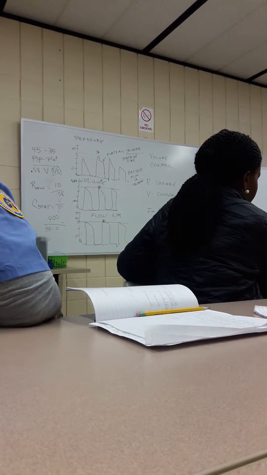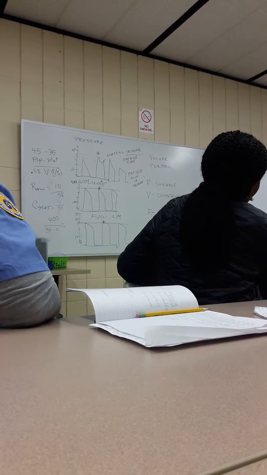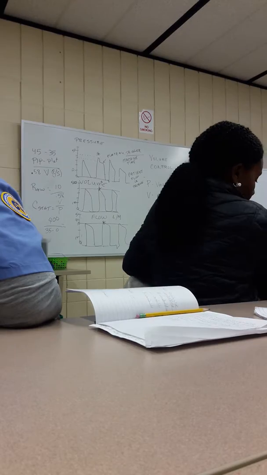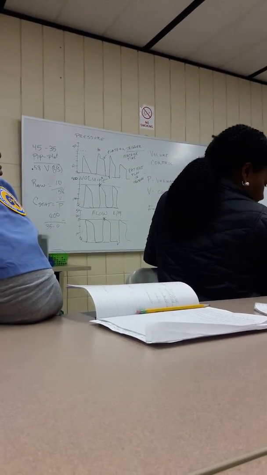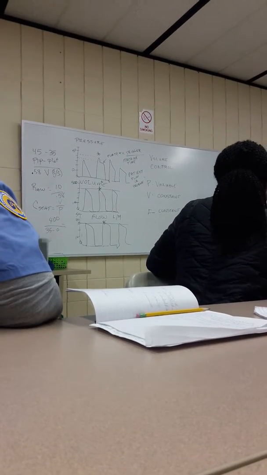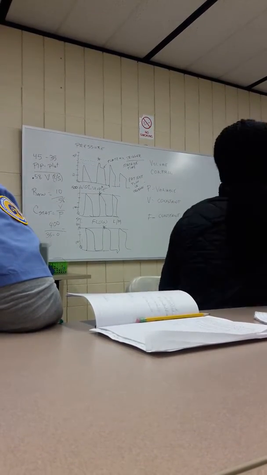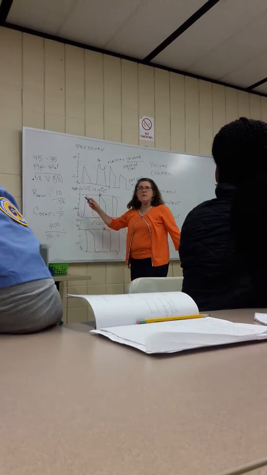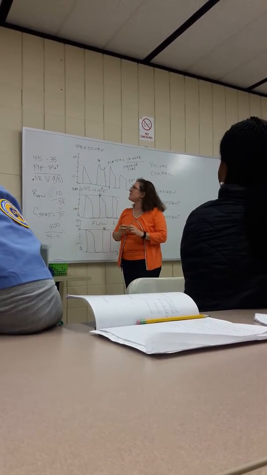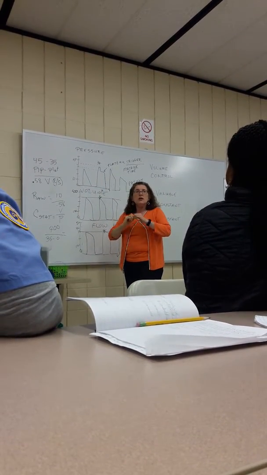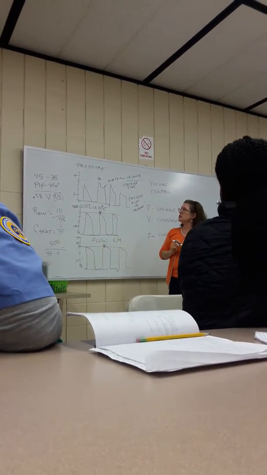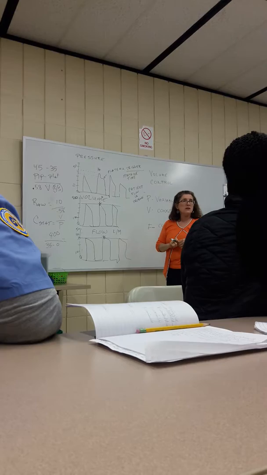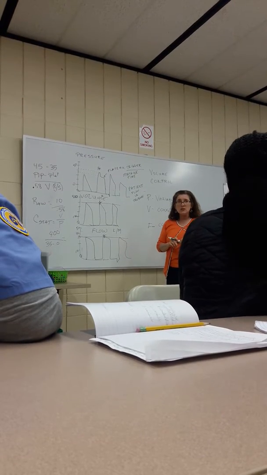Okay. Could we also determine the time constant from this? Yeah, you just multiply the resistance times the compliance that we got. And when you're doing a time constant, you have to make sure that your volume, when you did your compliance, is in liters.